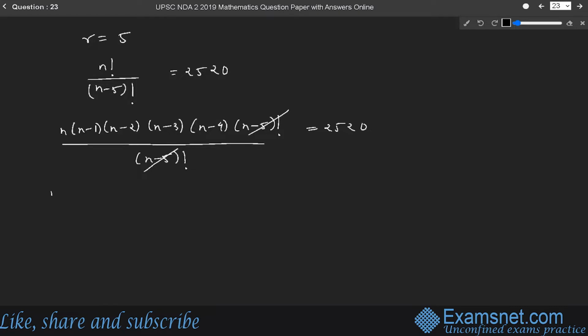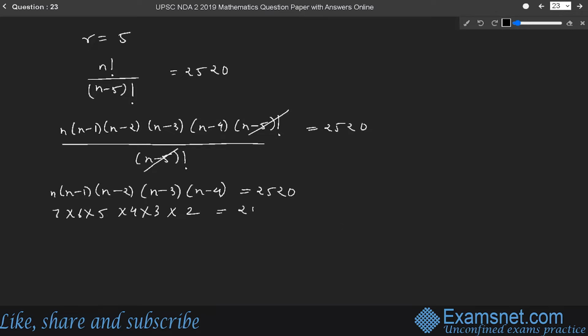The remaining terms will be n into (n minus 1) into (n minus 2) into (n minus 3) into (n minus 4) is equal to 2520. So it will be 7 into 6 into 5 into 4 into 3 into 2. It is equal to 2520. Therefore, we can say that n is equal to 7.